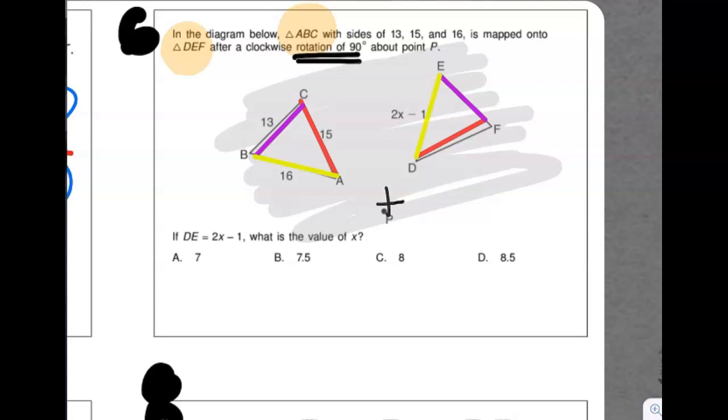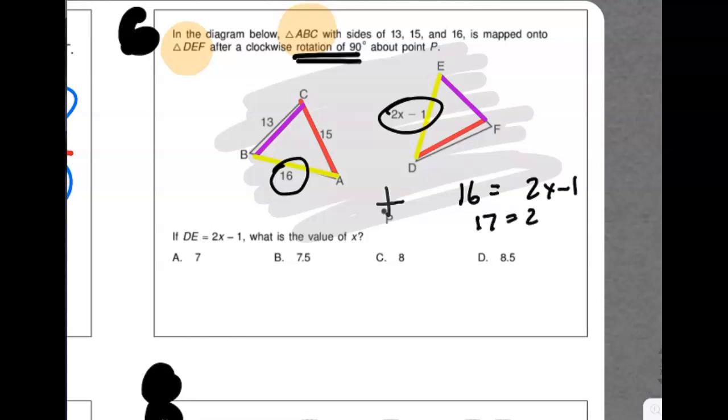But since this wasn't a dilation, it was just a rotation, all we really need is this and this, because if yellow equals yellow, then 16 equals 2x minus 1, which means x is 8.5.